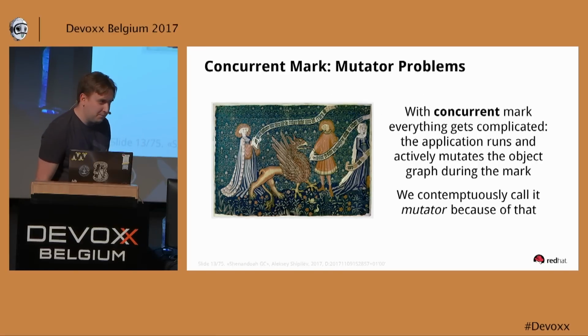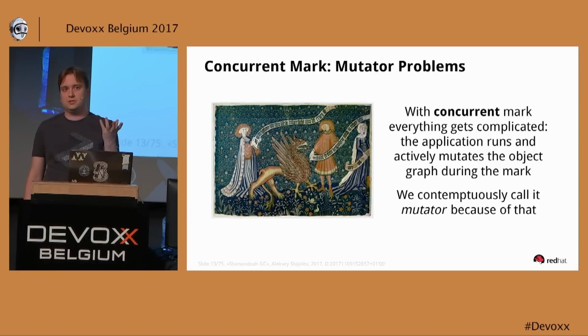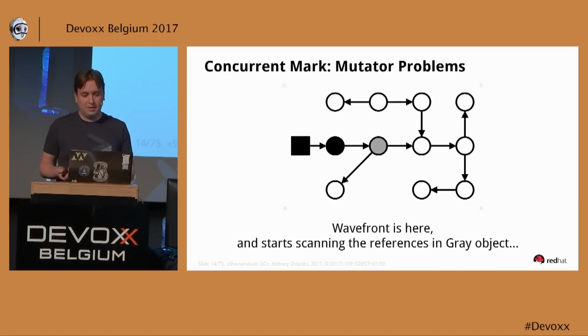When you do the concurrent mark, you get problems, because applications not only write to the heap, but they actually actively mutate the reachability graph within the heap. For this, some textbooks call applications mutators from the standpoint of GC. So how does it get problematic if we come to the same example, but now we assume that the application does something?